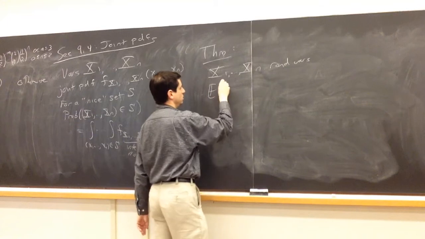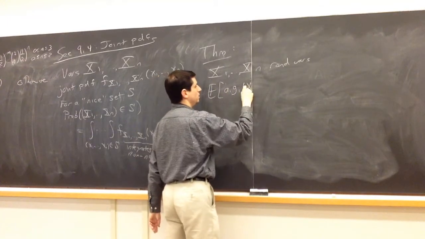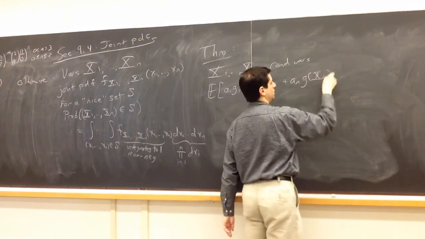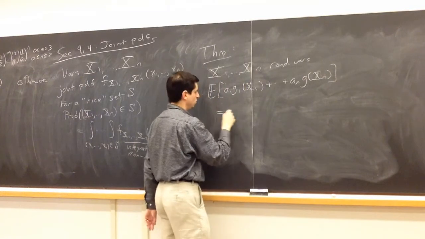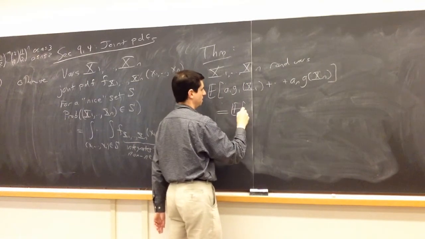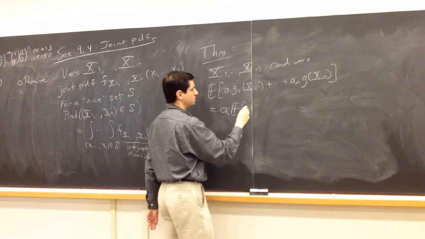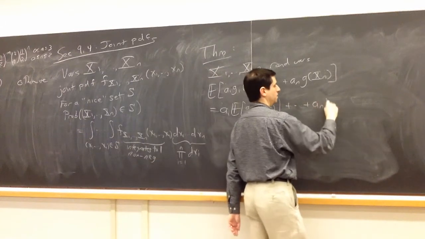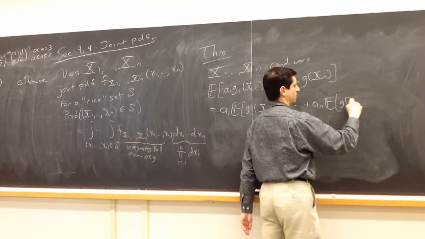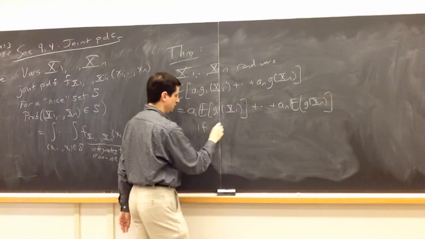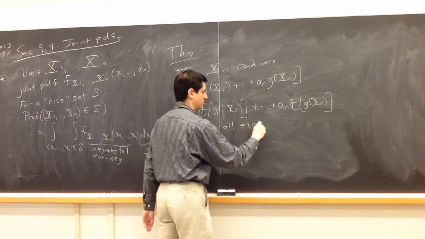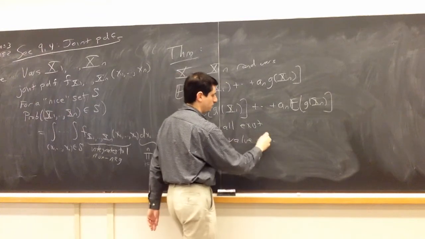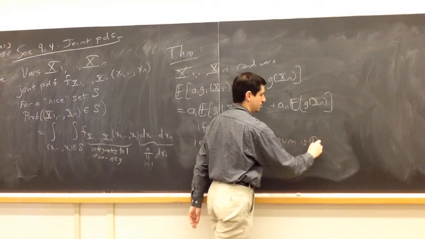Then the expected value of a1 g1(X1) + ... + an gn(Xn) equals a1 times the expected value of g1(X1) + ... + an times the expected value of gn(Xn), if all exist, i.e., the expected value of a sum is the sum of the expected values.